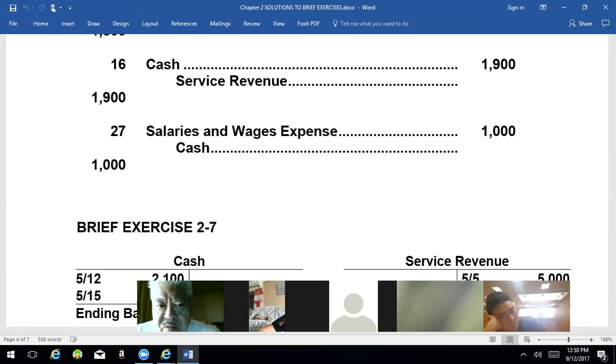We show an increase of expenses with a debit, so we debit salaries and wage expense for 1,000. And then cash is what we use to satisfy the wages. So we paid our workers in cash. Here the cash we paid was an asset. It was reduced, therefore we reduced the asset with a credit, so we credit cash for 1,000.